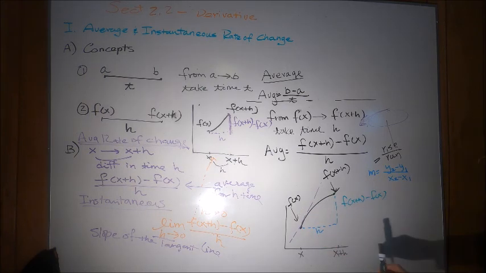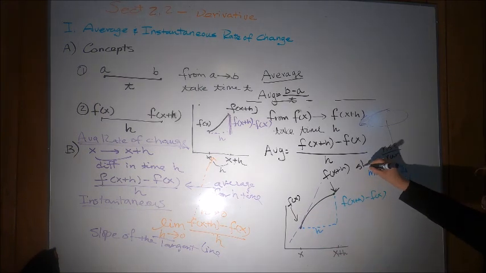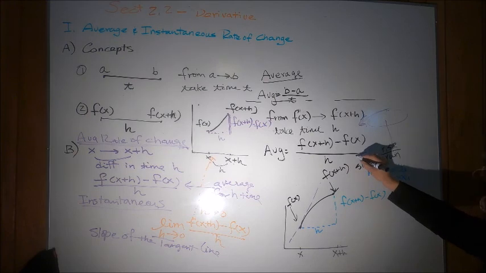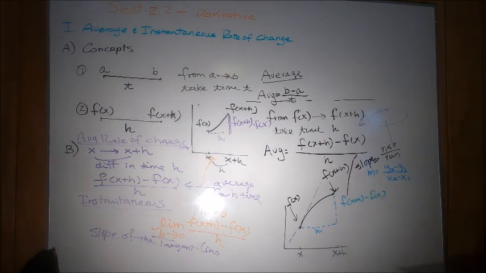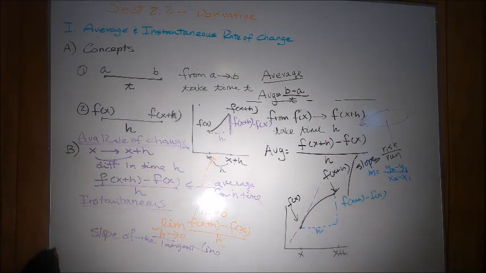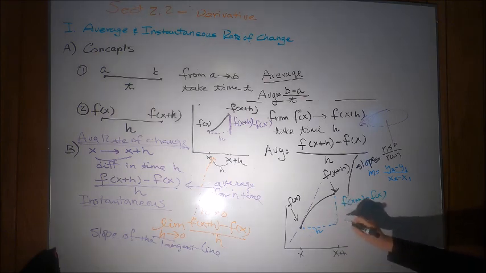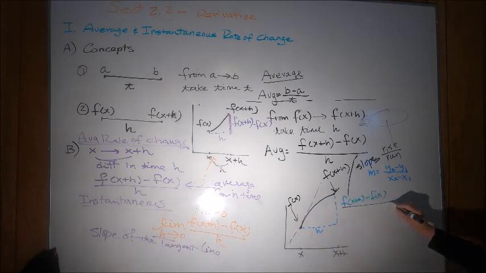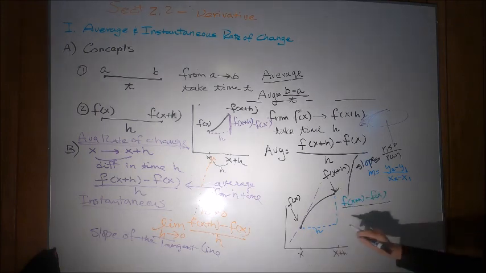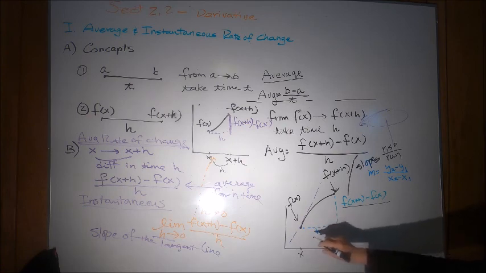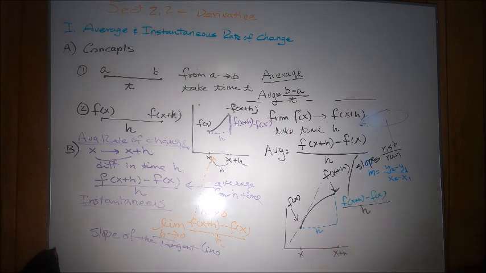So that's your slope, right? So for this one, the slope of the tangent line becomes what? The difference of y over the difference of x. That would be h. So that's the slope, right?